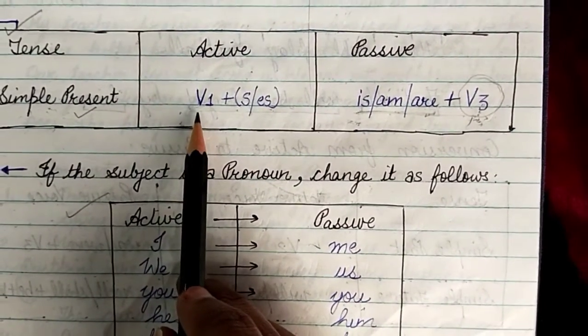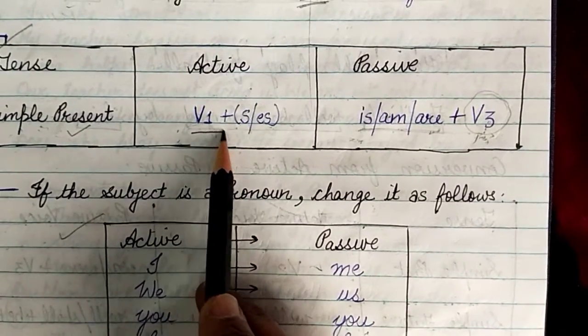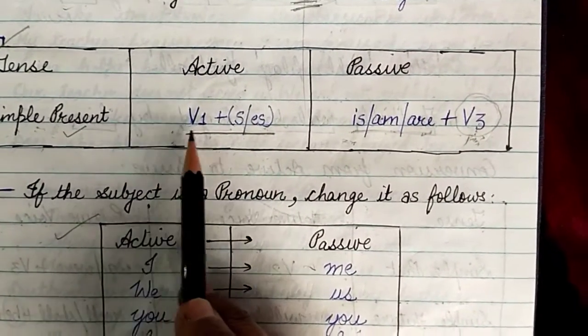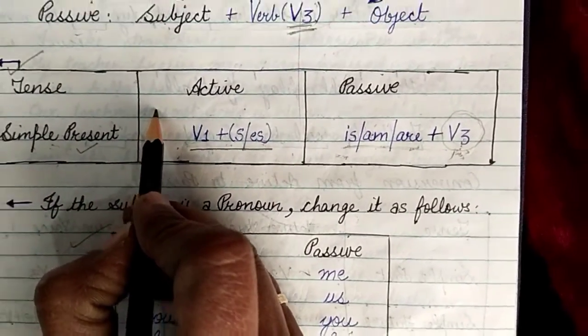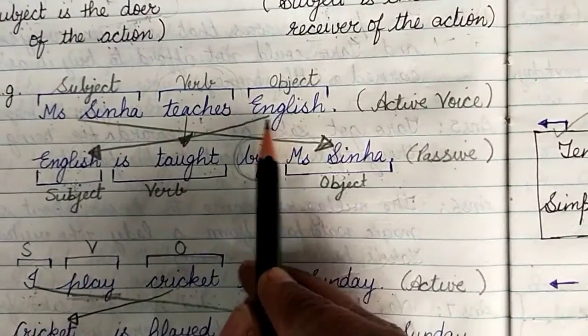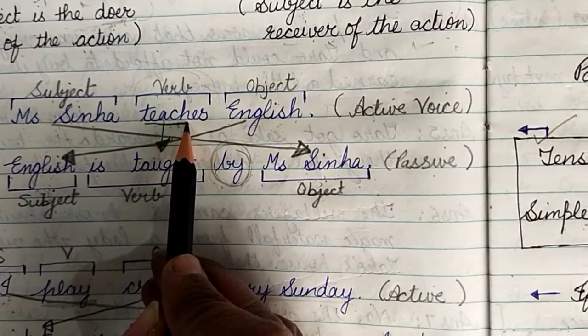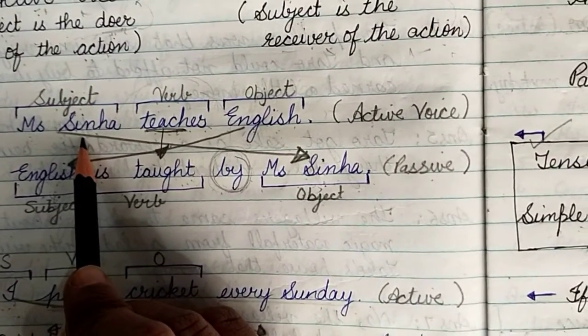Now, you know, in a sentence which is written in active, you usually find the verb form in simple present as first form or S or ES. For example, when I say, Mrs. Sinha teaches English. Now, what is the verb form? Teach with S or ES because the subject is singular, right?